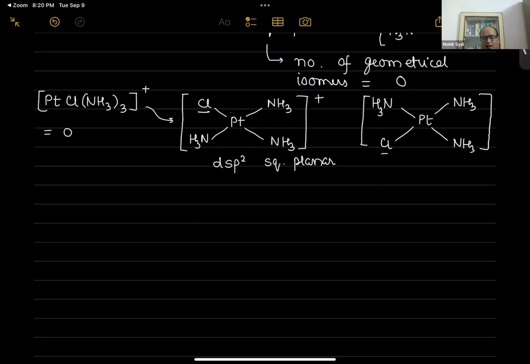Now we are having a very important example, because that is the example which can show geometrical isomerism, and we also discussed it in the applications of coordination compounds. That is the complex of platinum which is used as a medicine.